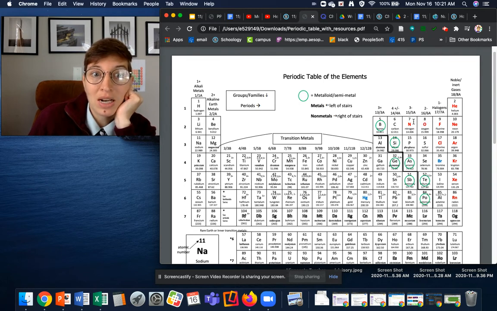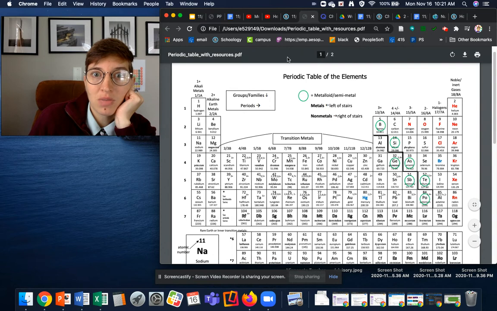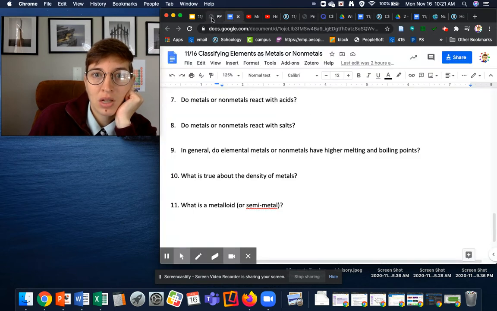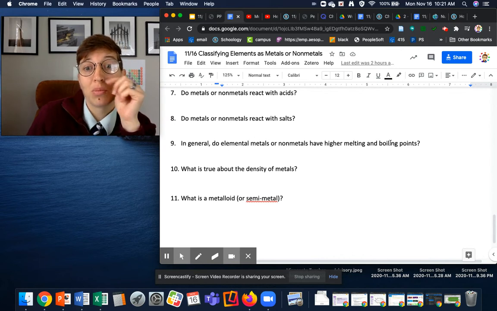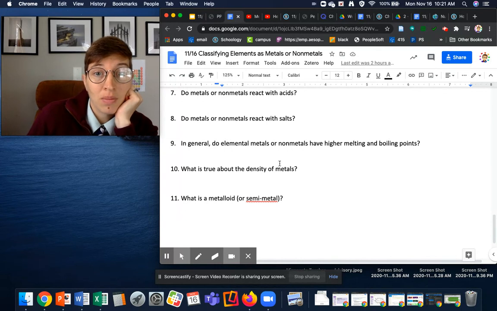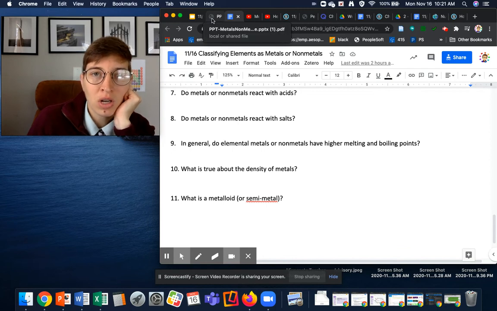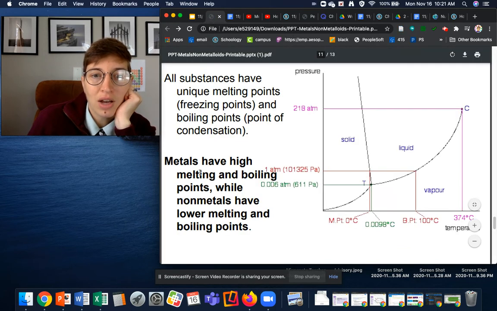All right, liquid nitrogen you've heard of, maybe seen some demos in science class. Okay, so in general, do elemental metals or nonmetals have higher melting and boiling points? Yes, metals have higher melting and boiling points in general. It's not always true, but in general, metals have higher melting and boiling points. Nonmetals have lower.